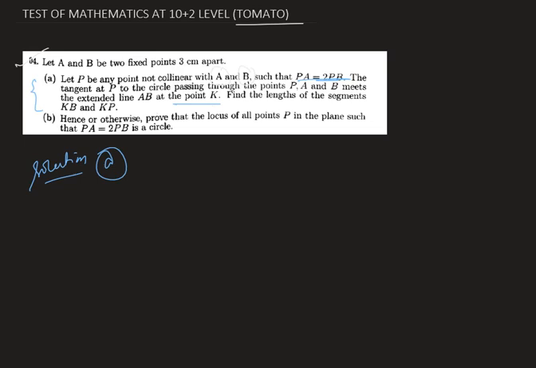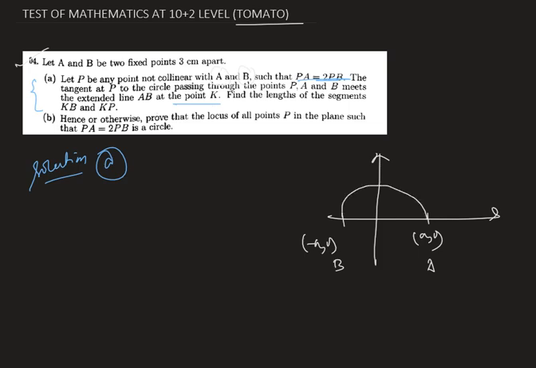First of all, we draw the diagram. Let these be the 2 points, minus a comma 0 and a comma 0, named as A and B. This is the circle through the 2 points, and this is the point P, and these are the 2 lines PA and PB, and this is the tangent which meets the extended AB at K. Now we have to find the values of KB and KP.